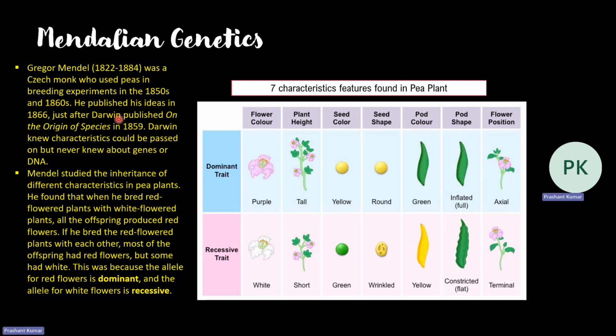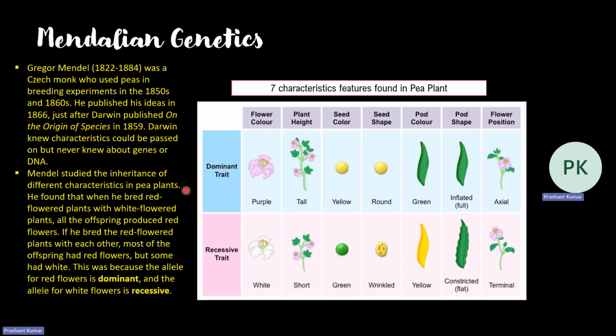He dedicated his life to the work which he didn't get acknowledged at that time. But now we appreciate his work and all his laws we still follow, right? He published his ideas in 1966, just after Darwin's publication of Origin of Species in 1859. Darwin knew new characteristics could be passed on, but never knew about the genes or DNA. So DNA and genes were not discovered during that time.